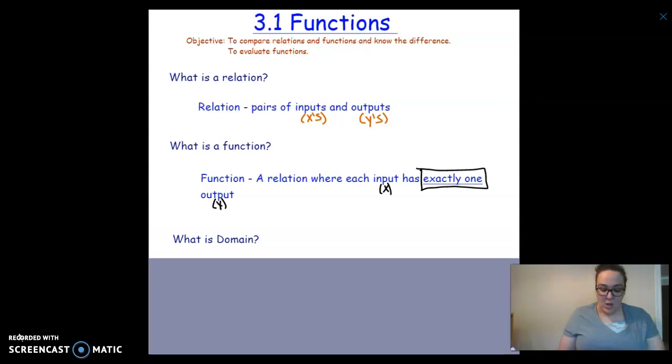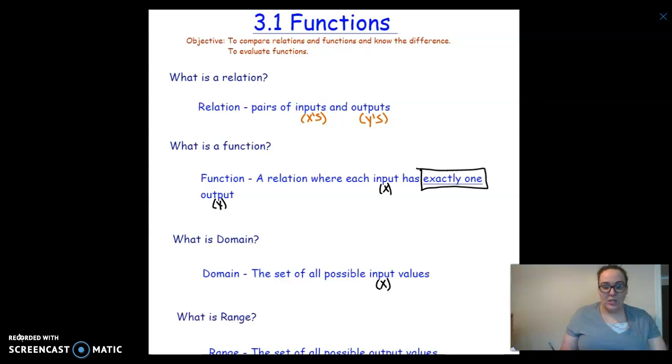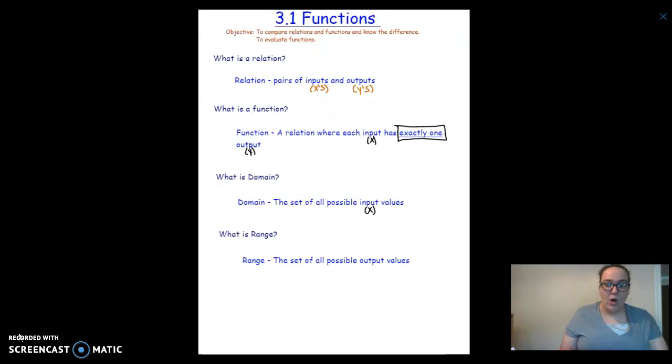Next, what is domain? Domain is the set of all possible input values, also known as x values. The next one I'm going to unleash here all at the same time. What is the range? Range is all possible output values or y values.